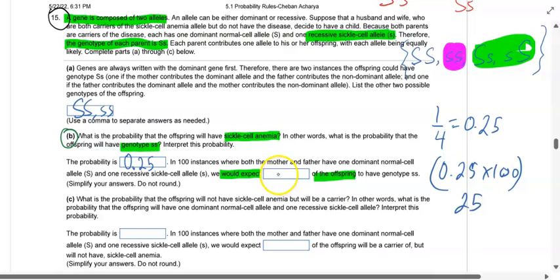Out of 100, 25 of the offspring would be expected to have genotype ss, because the probability that the offspring has genotype ss is 0.25.